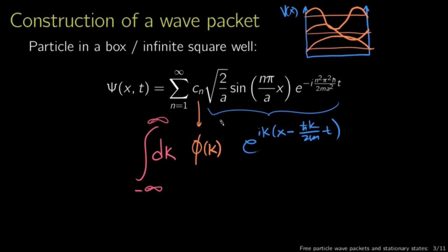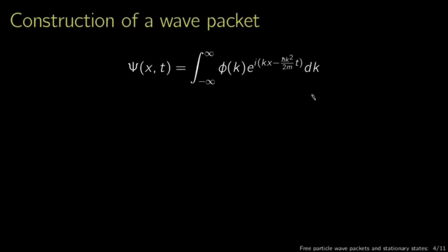We have an integral, we have this continuous function, and we have our traveling wave states. The main problem with this expression is this guy. How do we find phi of k? Phi of k is a general function.